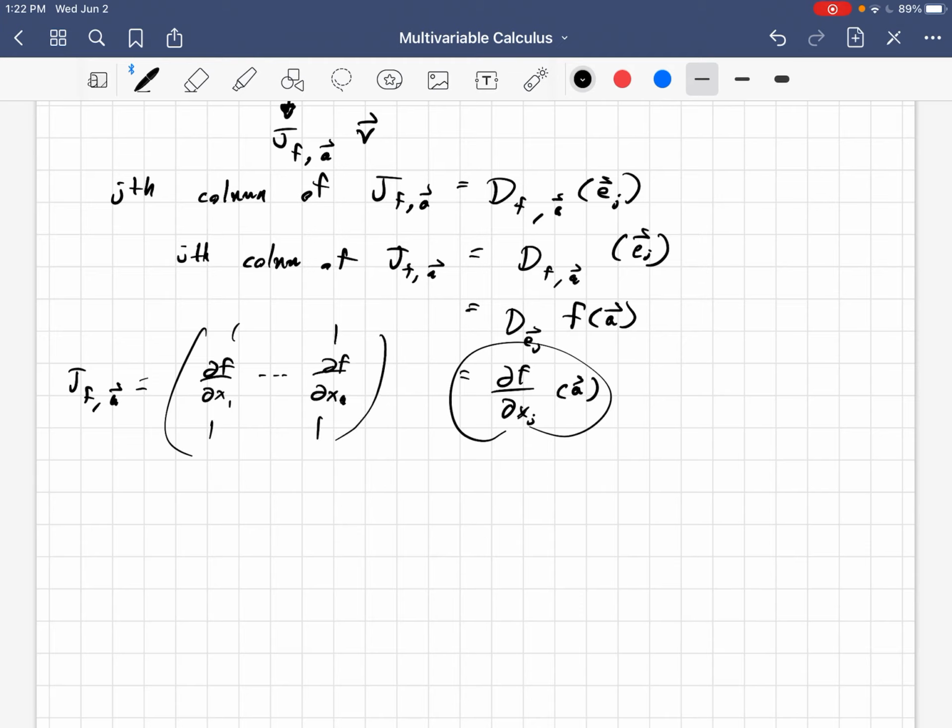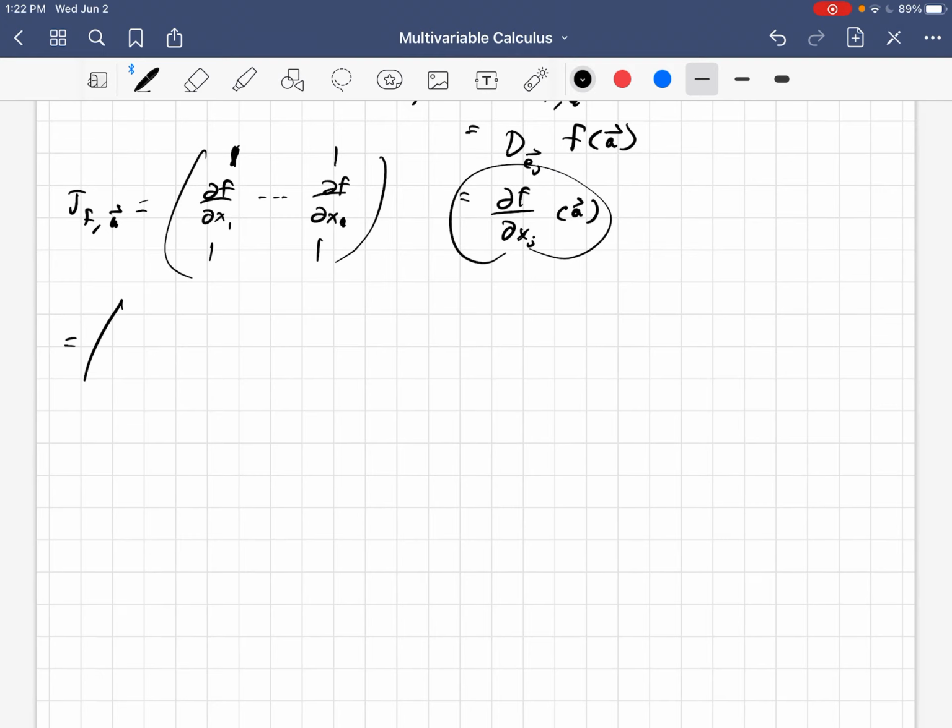And those columns would be the components of the whole function f. If I were to write this out all the way, it'd be the partial of f1 with respect to x1, down to the partial of fn with respect to x1, across to the partial of f1 with respect to xn, and the partial of fn with respect to xn. And boom, right there is the Jacobian matrix.